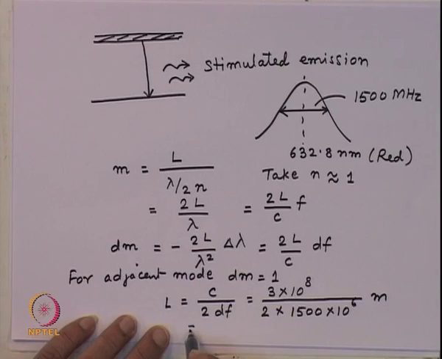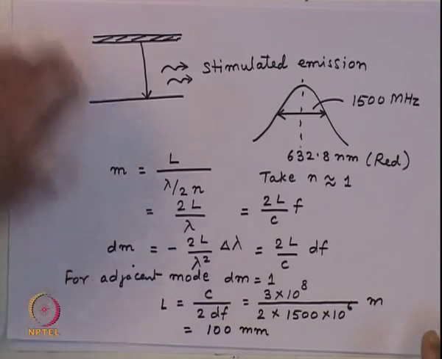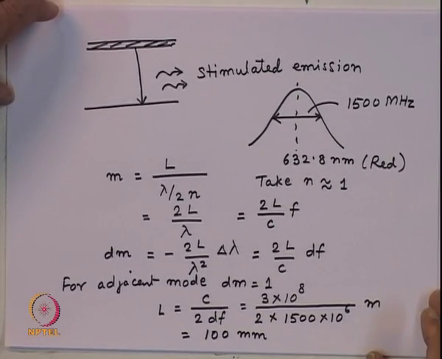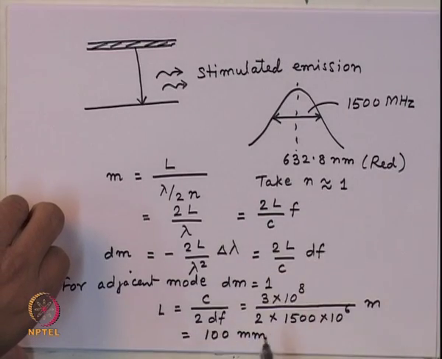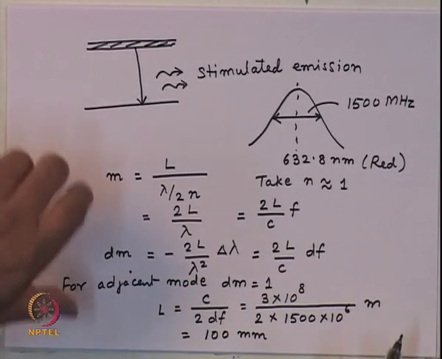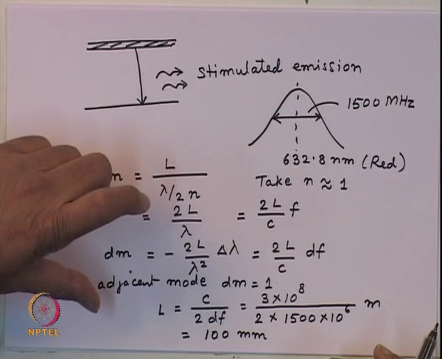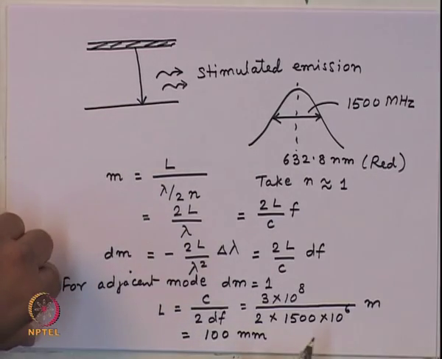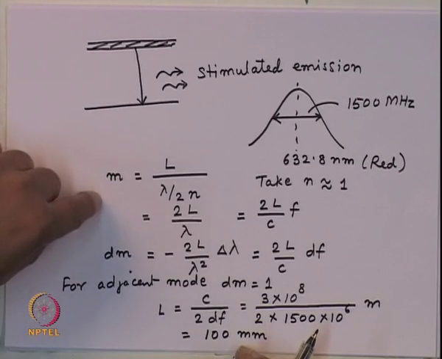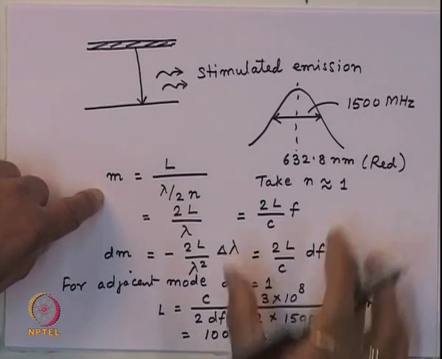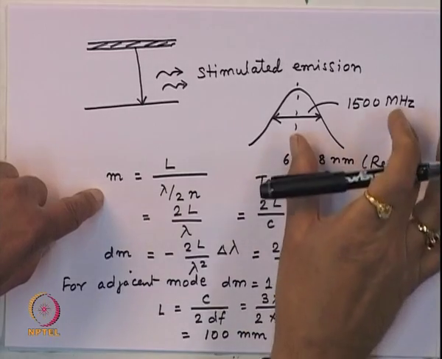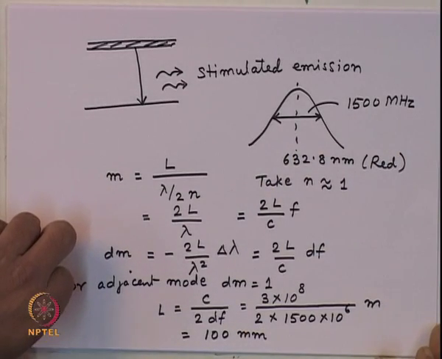So, if I solve this, you will get a length of 100 millimeters. So, this tells us that if you take a helium neon laser tube which is about 100 millimeters, then it will generate a single mode propagation if the transition bandwidth is about 1500 megahertz. So, that is the first part of the problem.